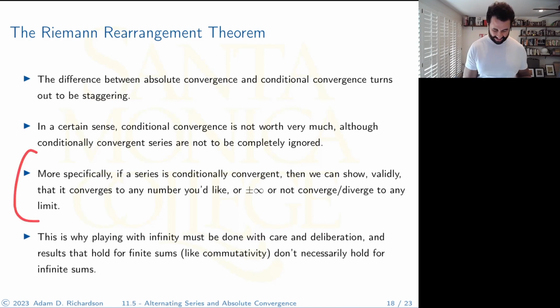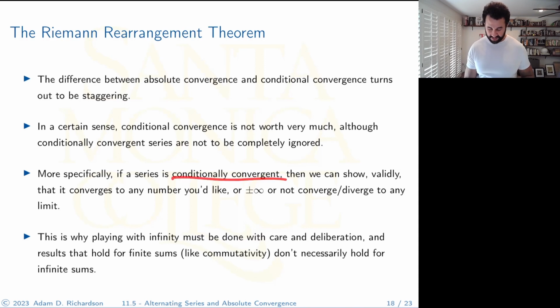So this is the big rub. This is the issue here. If a series is conditionally convergent, then we can actually prove validly that it converges to any number you'd like, or even positive infinity or negative infinity, or you can show that it doesn't converge or diverge to any number whatsoever.